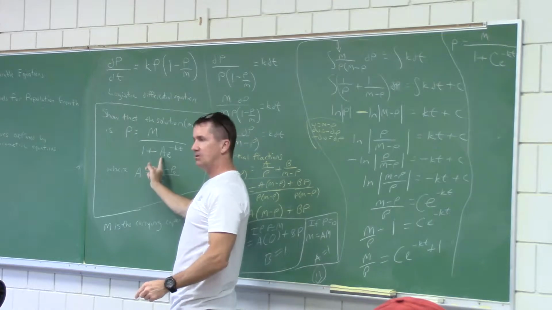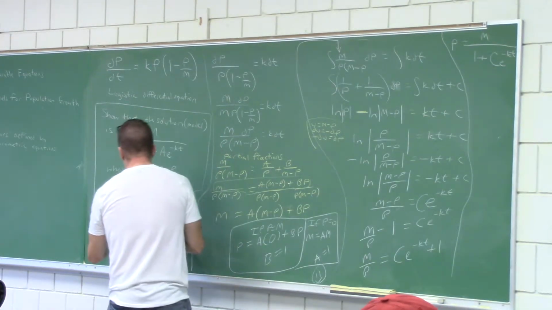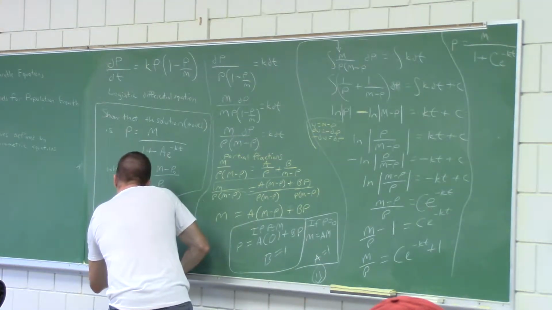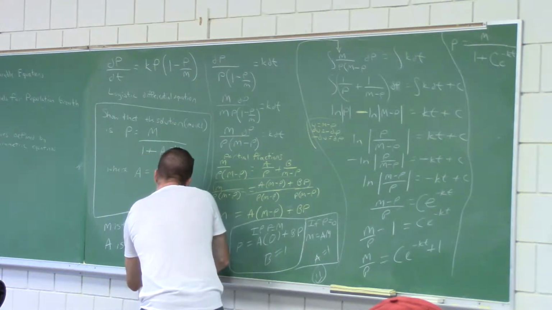Now I want to point out what a is in this problem. A is the c value when t equals 0.